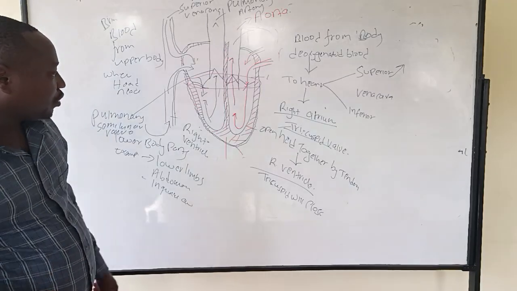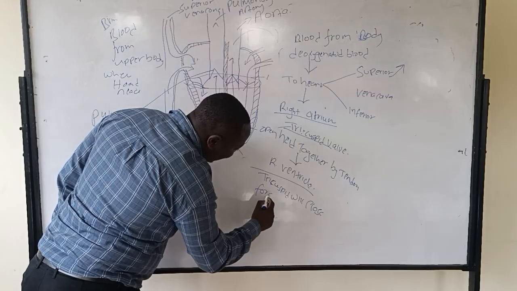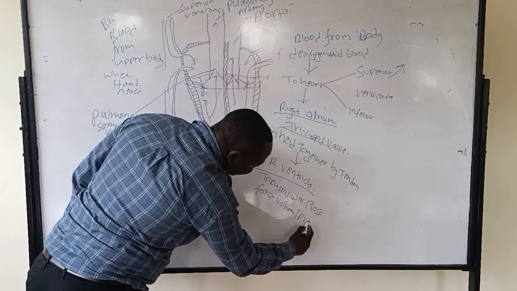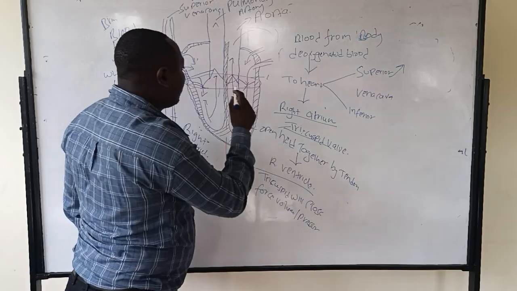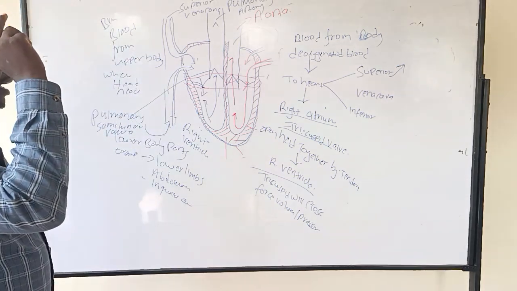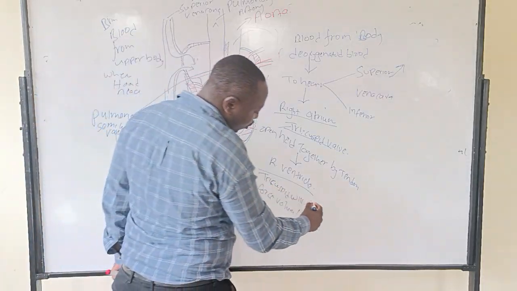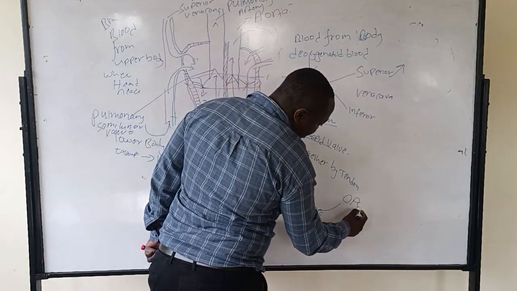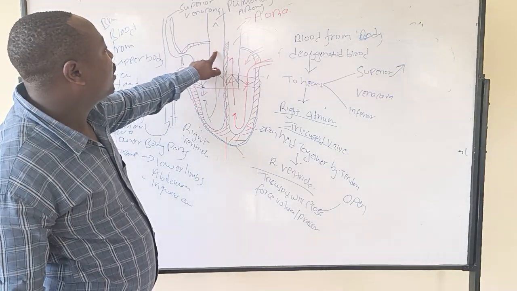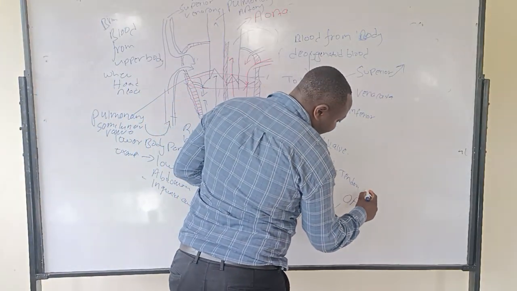But here it's going to close, and it is going to force the blood volume and the pressure will force now the pulmonic semilunar valve to open. Once it opens, it's going to allow blood now to flow all the way to the pulmonary artery.